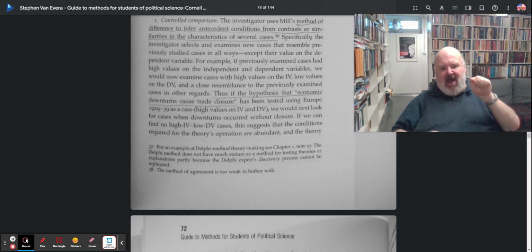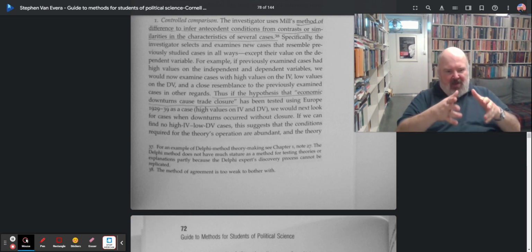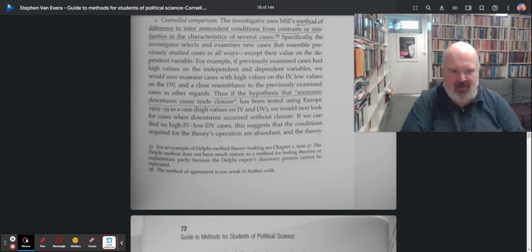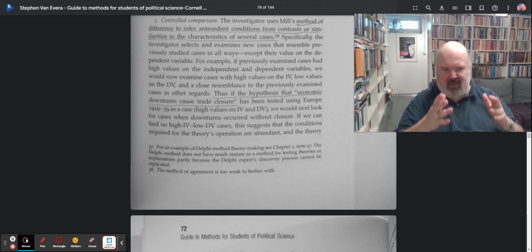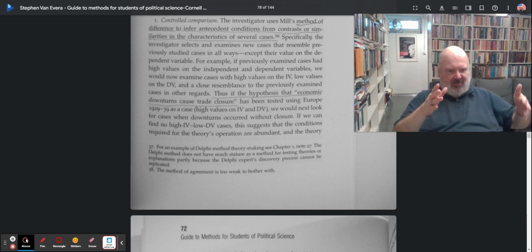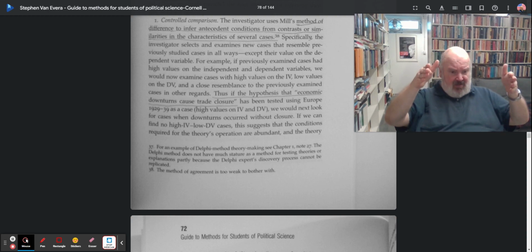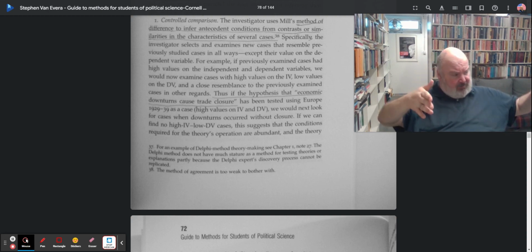And if the person's diary I'm looking at, or the biography I'm looking at, gives me evidence about that one person, well, then I have evidence from one case. Now, if I'm going to make a general claim, of course I can't generalize. I have to go look at other actors or decision makers in that same instance, and see what they say, and is there agreement between the cases?